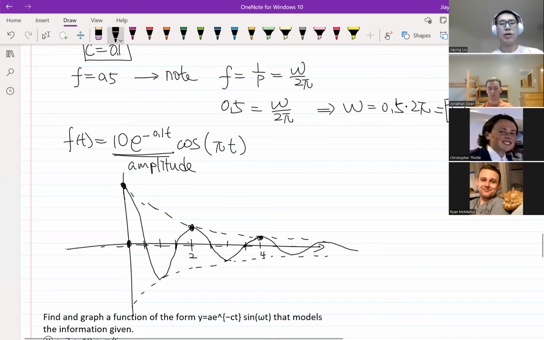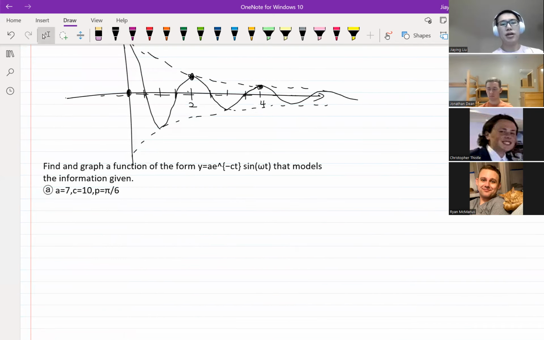All right. So the next thing we're going to do, we're going to look at one more example. It says find a function of the form y equals a e to the negative ct sine omega t, so it's using a sine function, and the model is given information.